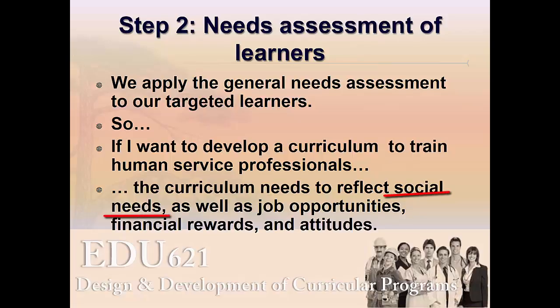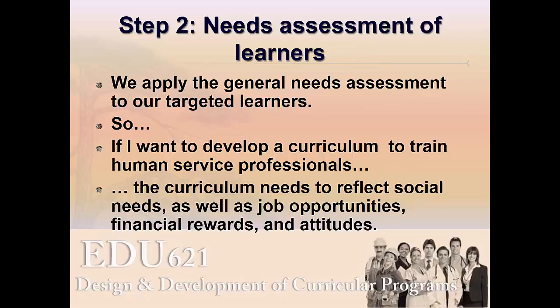What does society around me need? In my area, do we need people to work with homeless? Do we need people to work with jobs development? Do we need people to work with those who are trying to enter the workforce? Do we need domestic violence? Do we need some sort of child abuse group?